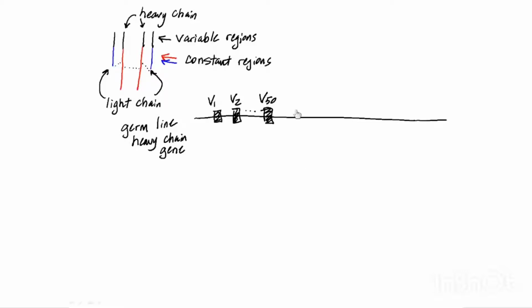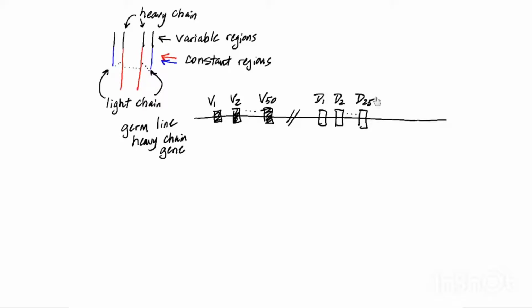In addition to that, way downstream, let's put a stagger mark down there, there are a number of D regions. I'm going to draw a few of them. Dot, dot, dot. There are about 25 D regions in the human. D1, D2, and D25.